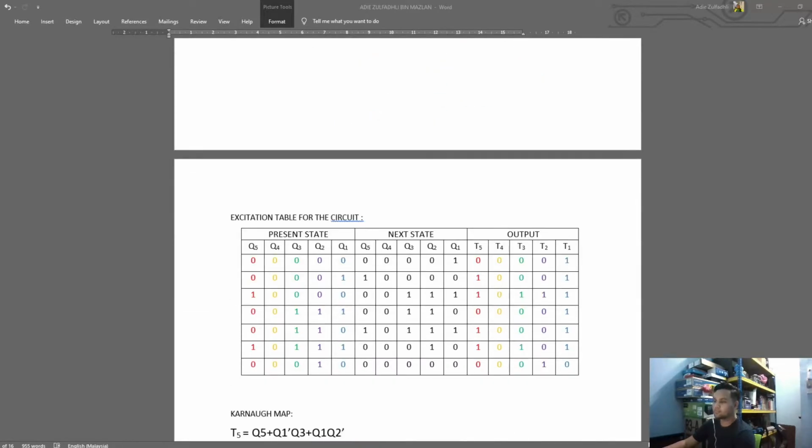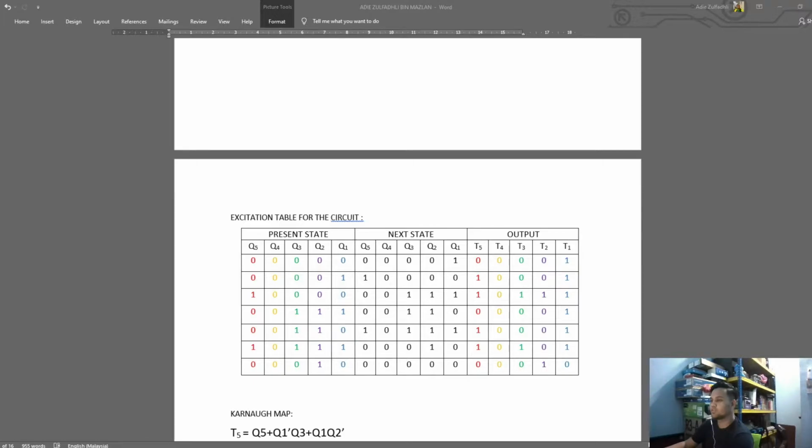Next, I make an excitation table for the circuit. I arrange my ID like this. This is what I get from the state diagram here. This is the present state, and this is the next state.